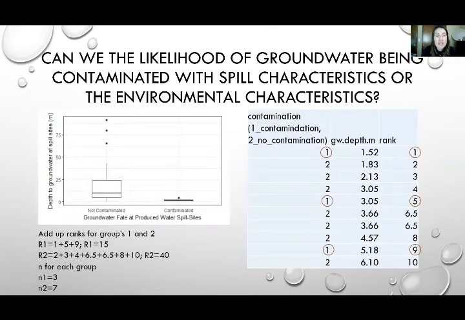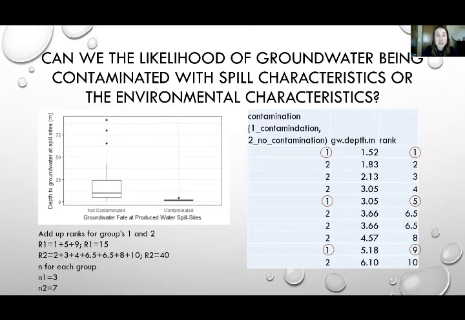Okay, so now we want to test whether or not the median for the depth to groundwater at sites is different for areas that had groundwater contamination and did not have groundwater contamination.